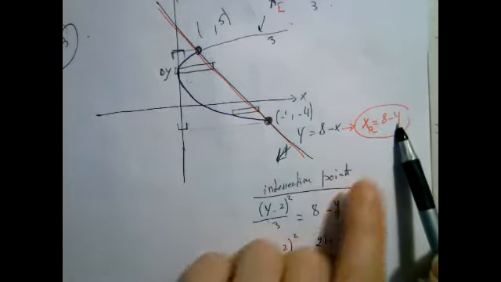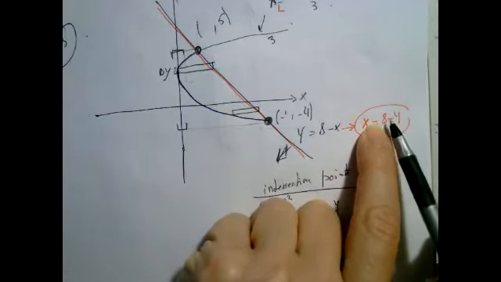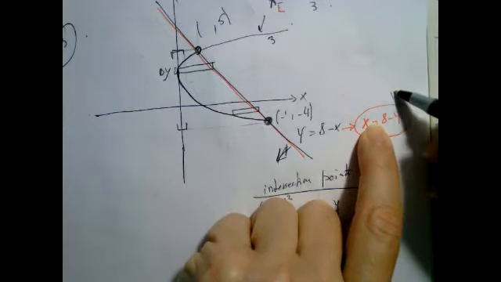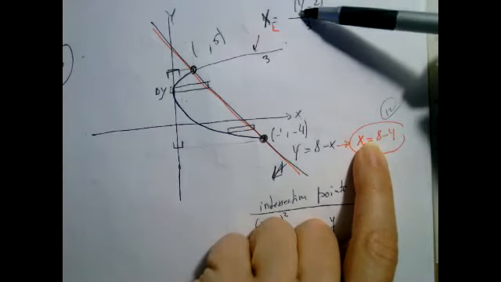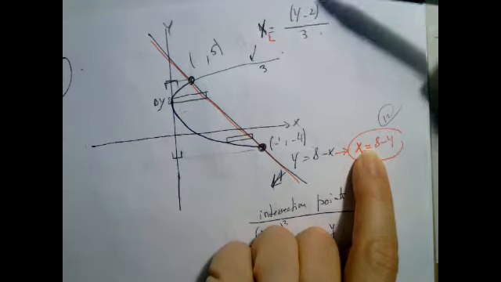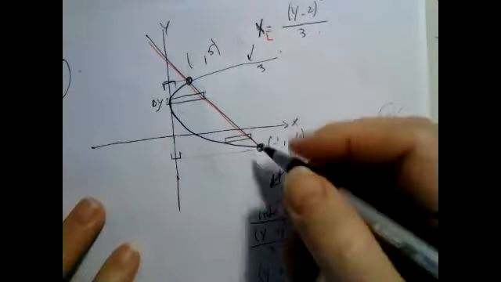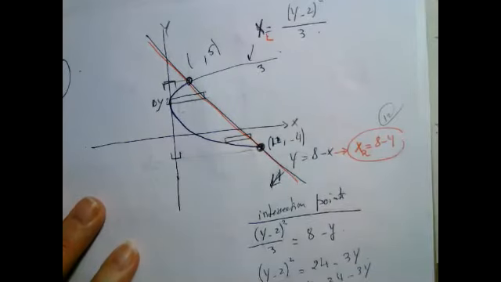If I plug minus 4 here, I get 8 minus minus 4, that gives me 12. If I plug minus 4 here, I have minus 4 minus 2, that's minus 6 squared, 36, and 36 divided by 3, honest to goodness, 12. So this point is correct.